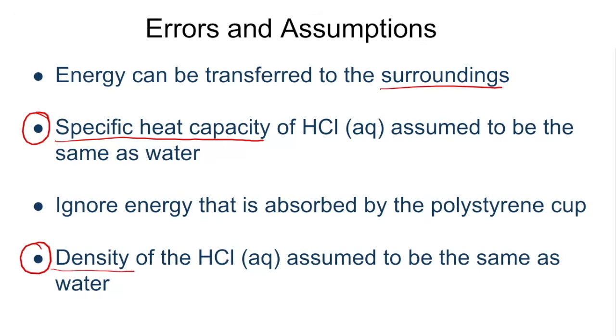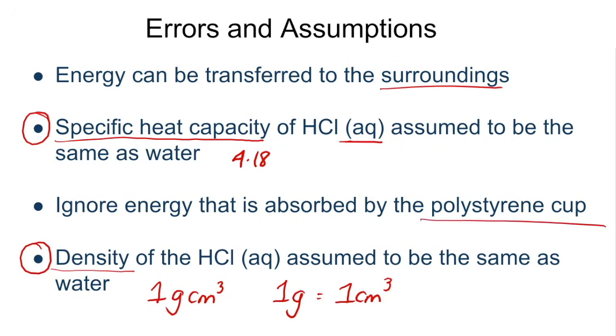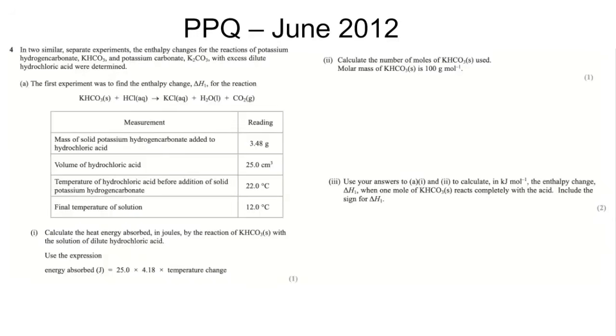Now, whilst the bulk of this aqueous solution is water, the HCl can have a small effect on it, but we avoid that in our experiment and we simply use the specific heat capacity as 4.18, and we assume that the density is 1 gram per centimetre cubed, meaning that 1 centimetre cubed of the liquid is equal to 1 gram. We also ignore any energy that is absorbed by the polystyrene cup.